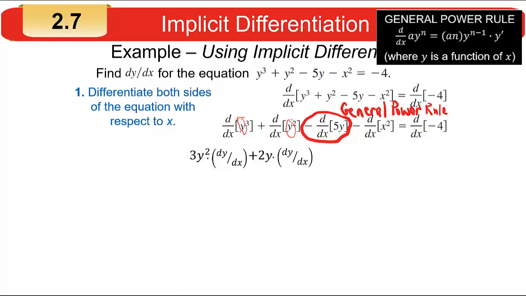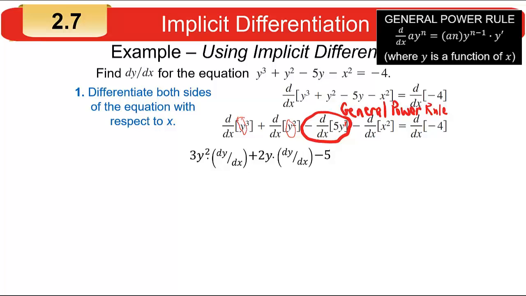Third term also has a y in it, so that's also a general power rule problem. 5y to the first, if you will. So the derivative, and if it helps you to actually write in the 1, you can. You don't have to have it there. The general power rule says you take the exponent, which is a 1, and multiply it by the 5. That gives you minus 5, and you drop the power down by 1. 1 minus 1 is 0, and anything to the 0 power is just 1.